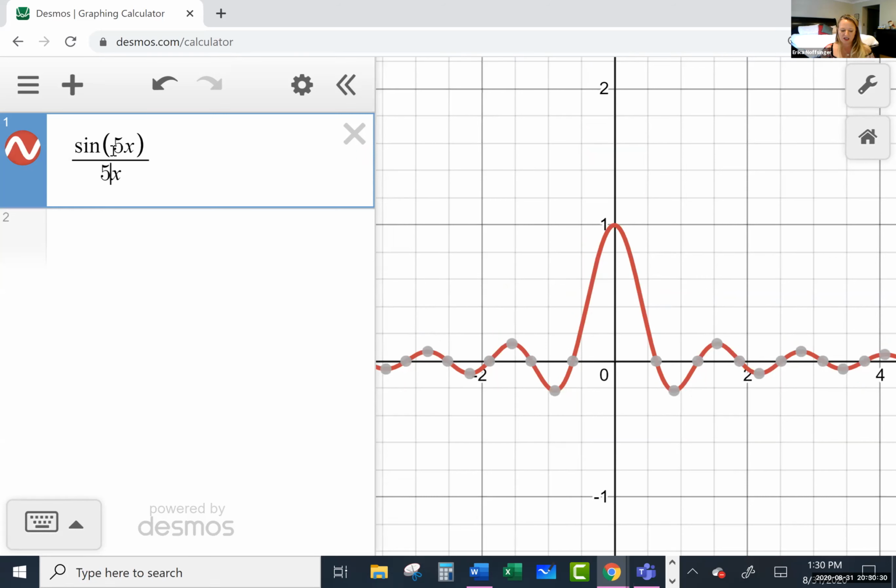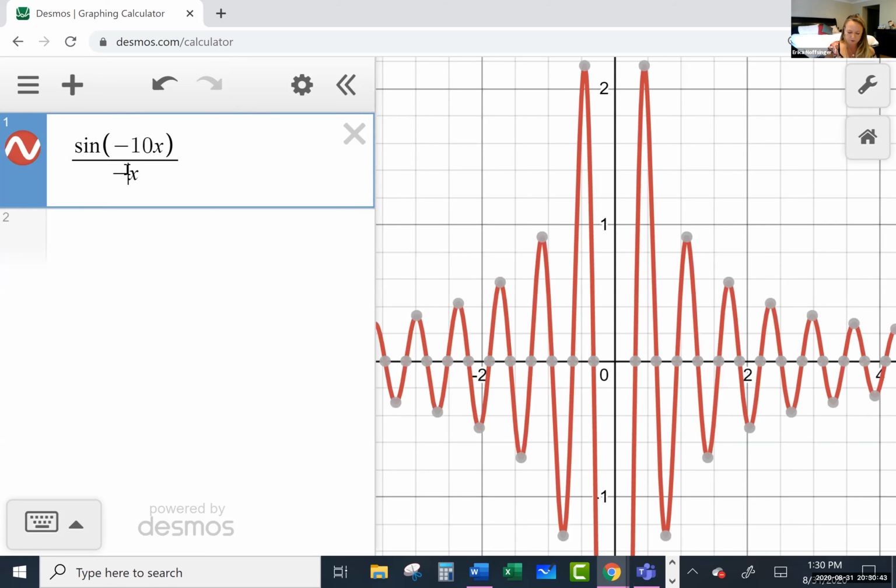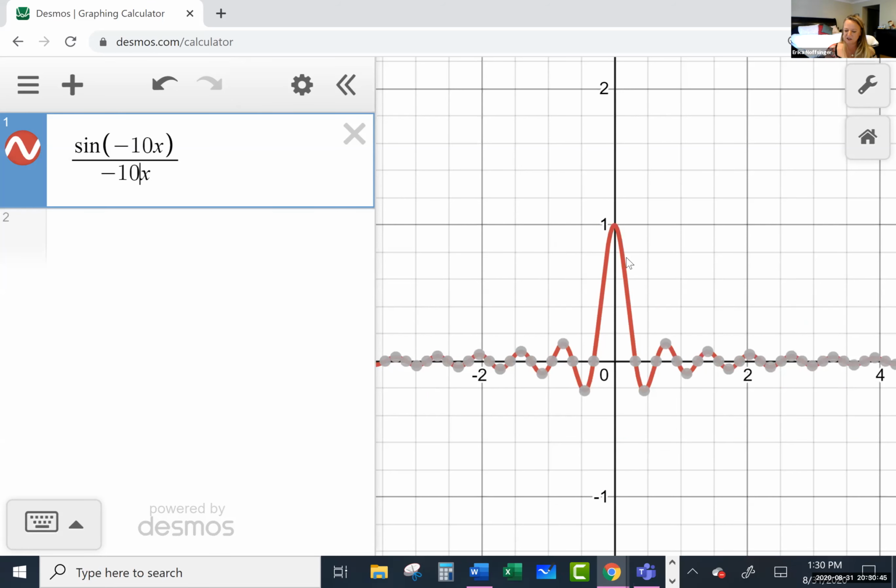So if the sine of the argument we're taking, this number, is the same in the denominator, any value we do there, so if I plug in -10 here and -10 here, we're still getting the limit approaching 1. And so we're going to use algebra or math to help us manipulate things so that we can find a limit if it's almost in this form. And we'll talk about that in a sec.